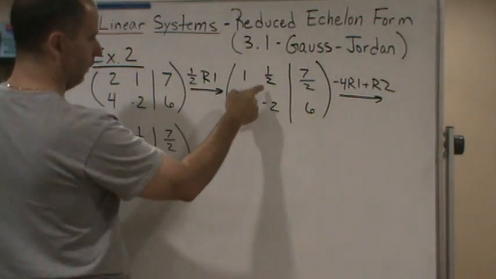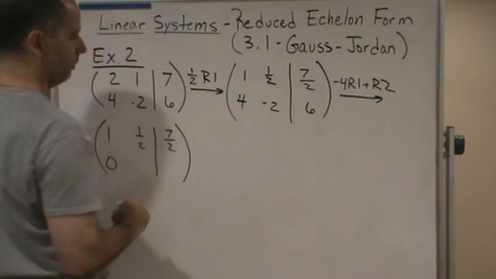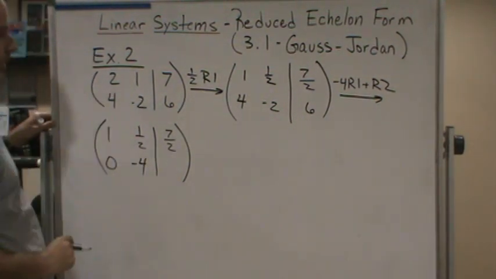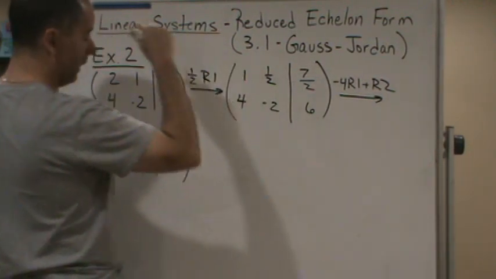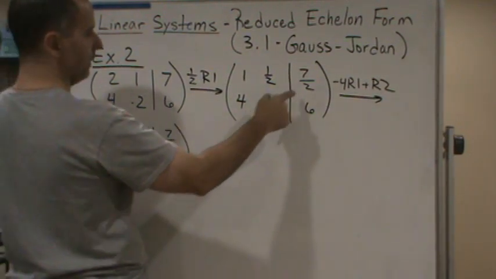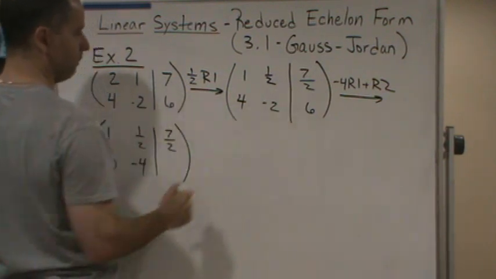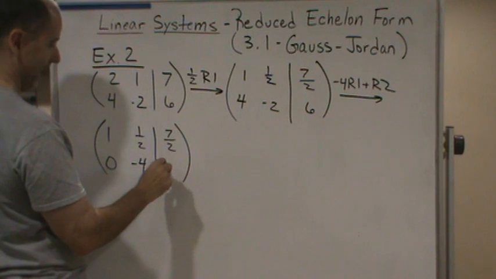And then what? -4 times this is -2. -2 is -4. Right? Did I do that right? Yeah. And then we're going to do -4 times that, which is going to be -14. -14 plus 6 is -8.